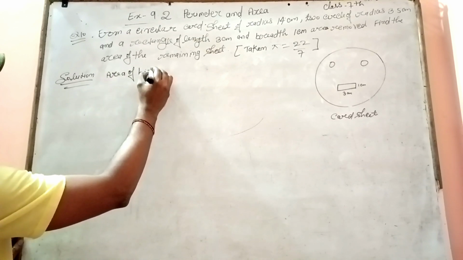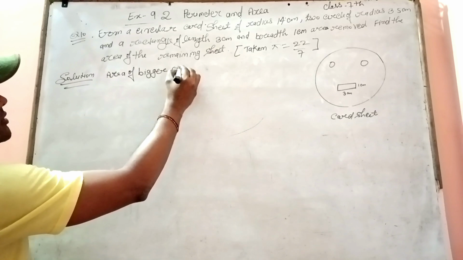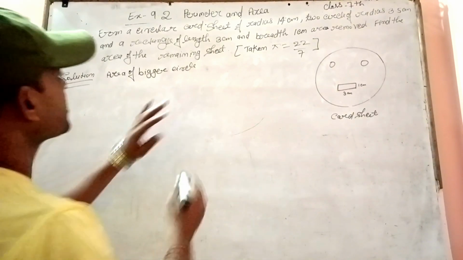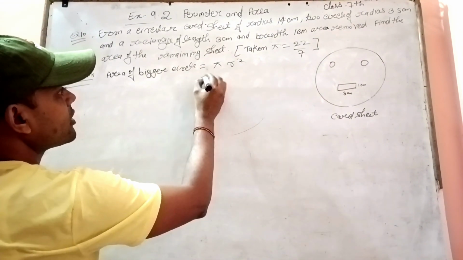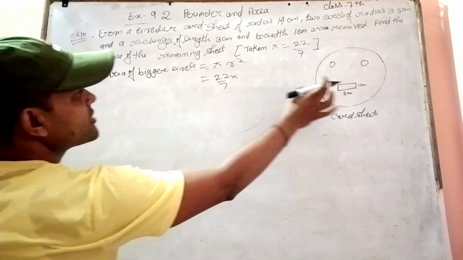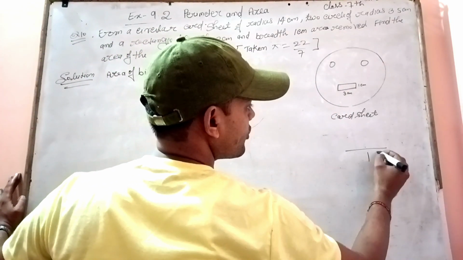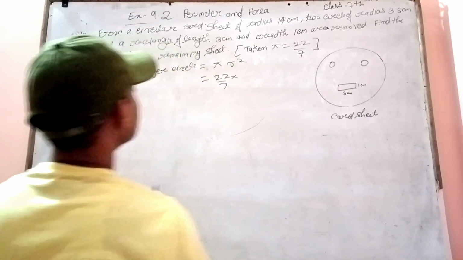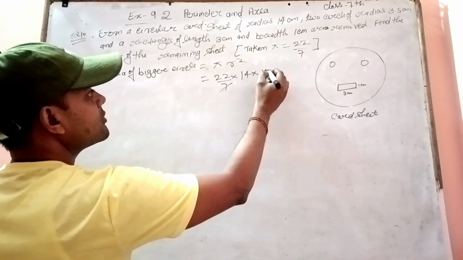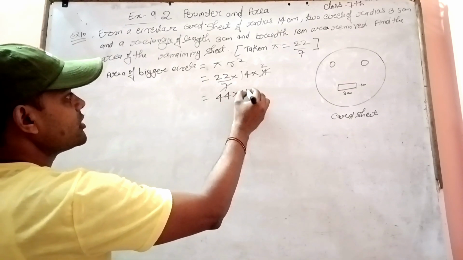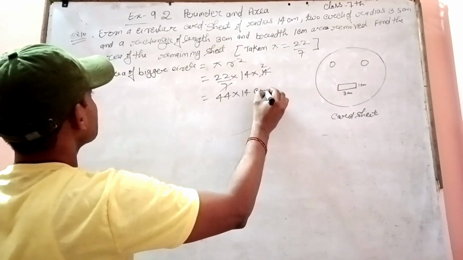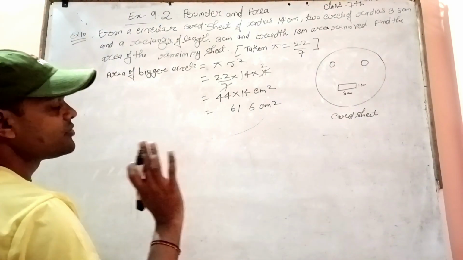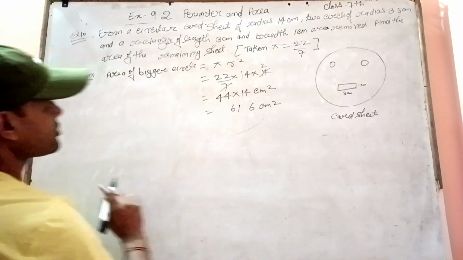Area of bigger circle is equal to pi r square, equal to 22 by 7 into radius 14 into 14. 7 twos are 14, so it is 22 into 2 into 14, equal to 616 centimeter square.